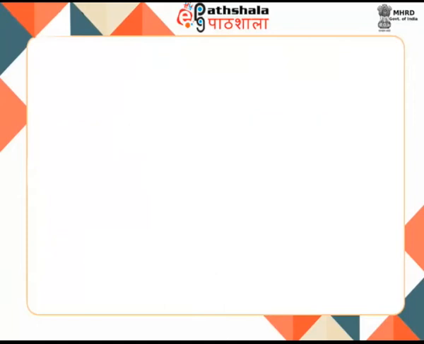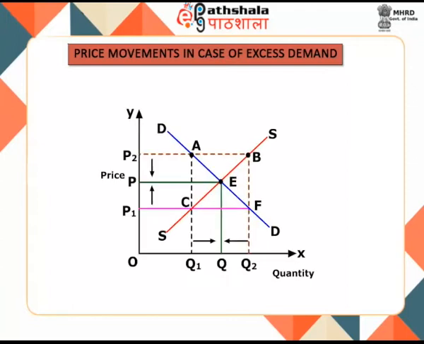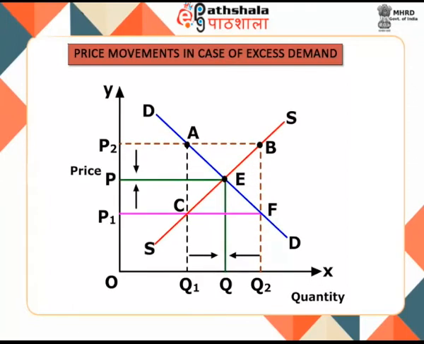Let's understand the concept of price movements under the Walrasian adjustment process graphically. On the x-axis we have quantity of the good and on the y-axis we have price of the good. DD is a negatively sloped demand curve and SS is a positively sloped supply curve.